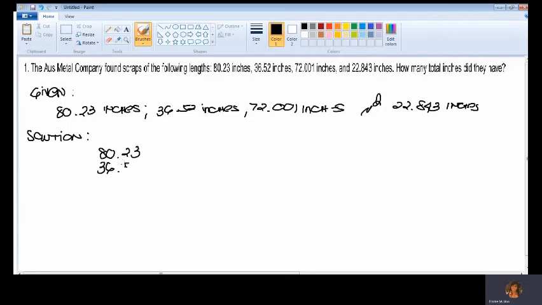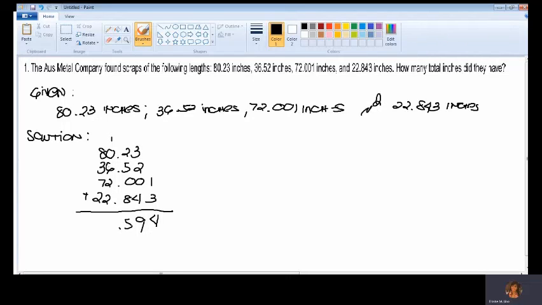Okay, so 36.52, 72.001, and then 22.843. Just add 1 plus 3, that's 4. 3 plus 2, that's 5. Plus 4, that's 9. And then 5 plus 2, 7. Plus 8, that is 15.